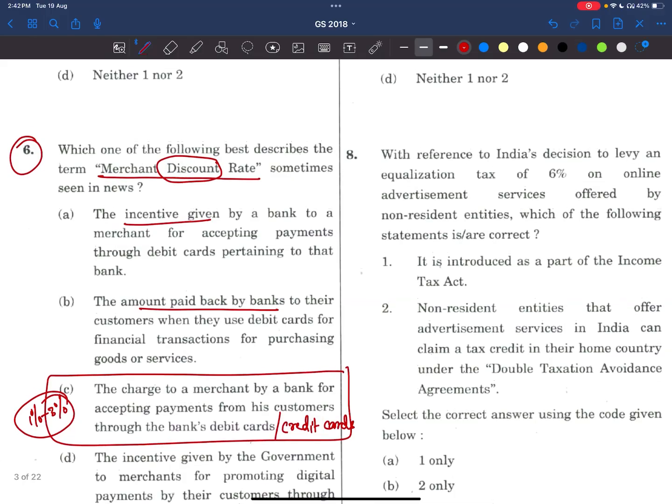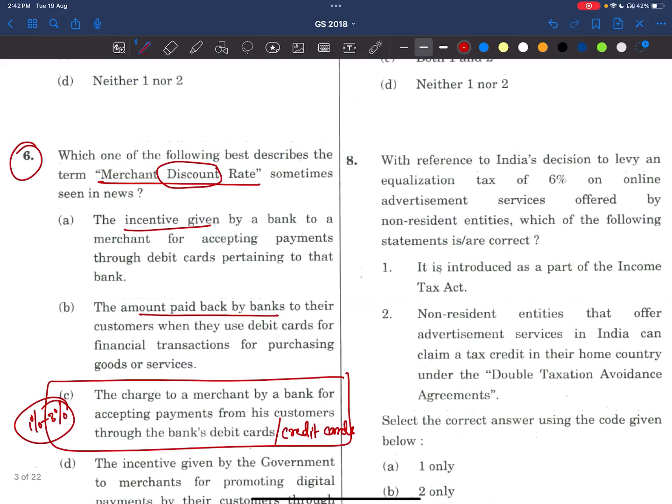Now what becomes important here? We have to read about the banking sector since banks are mentioned, and see, merchant discount rate is there. So we need to read everything about what happens with the transactions. Now UPI is there, NPCI is there, RuPay cards, e-rupee, all these things related to money transactions become very important.